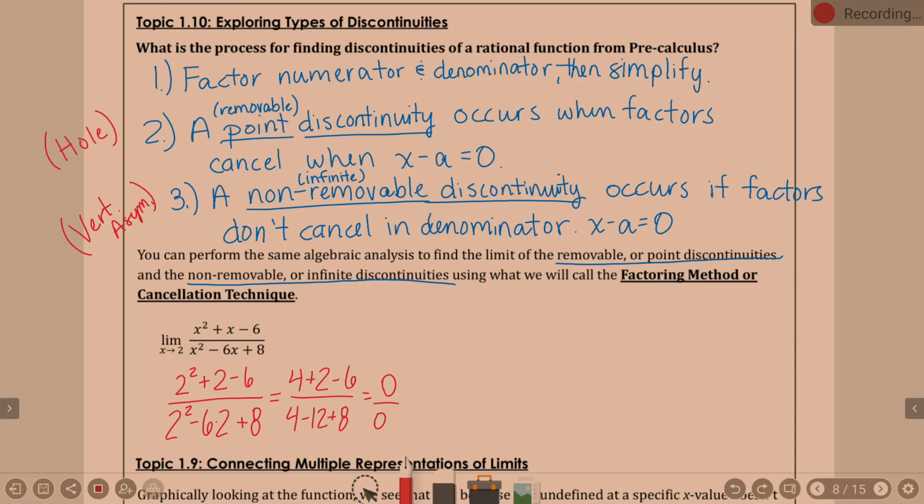So I'm going to say that this is indeterminate form. Try another technique.